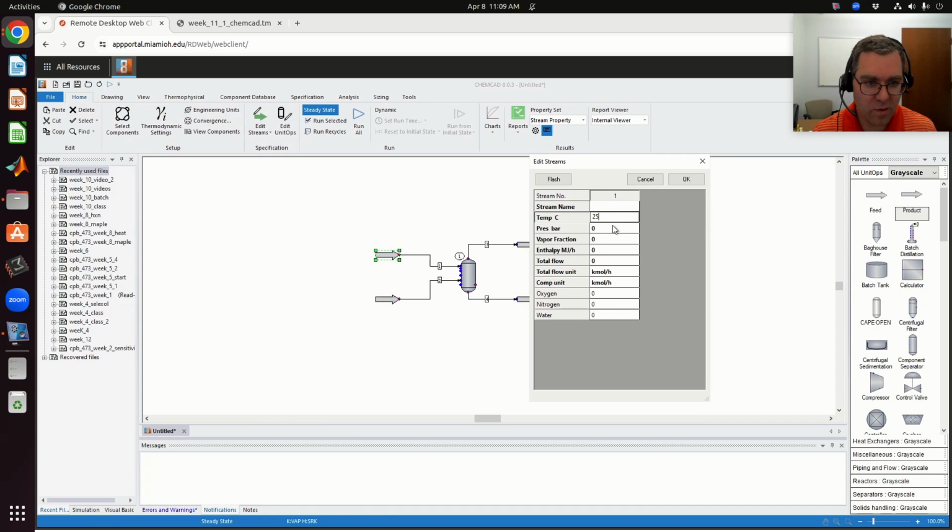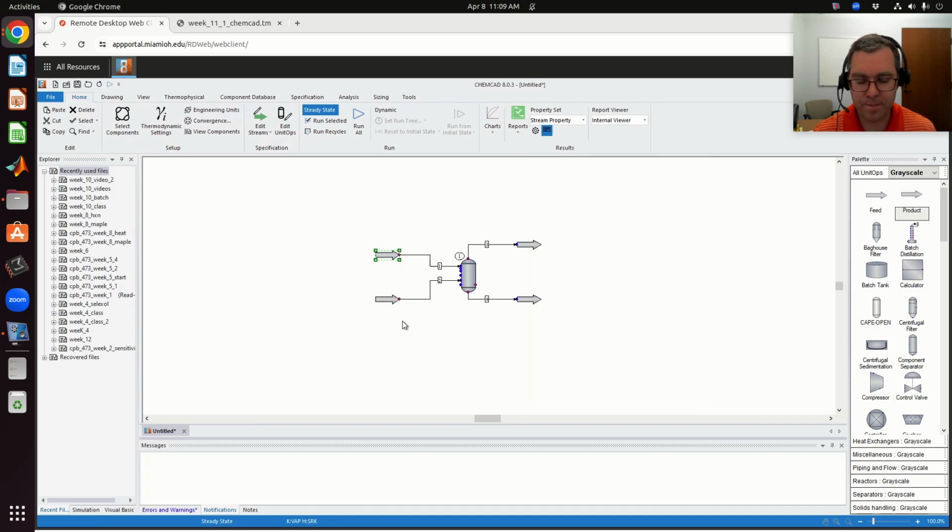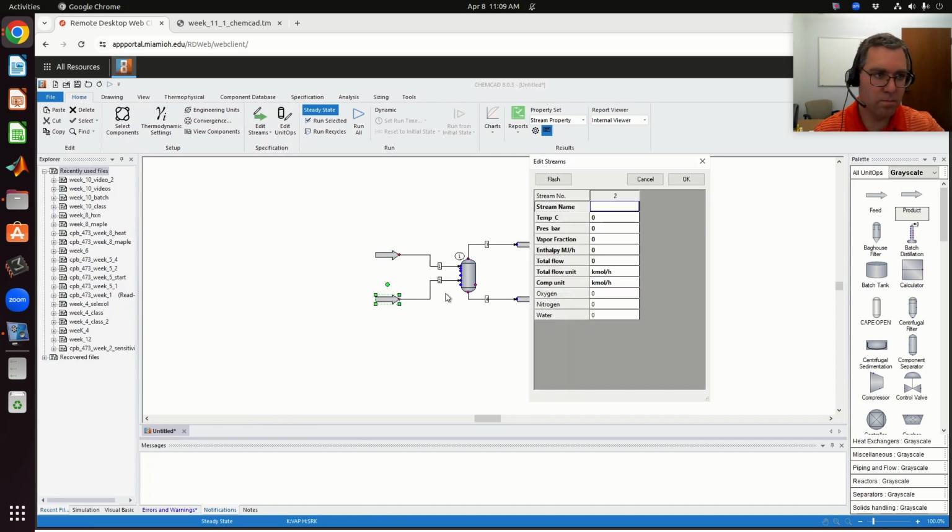Let's make this water: 100 kilomoles per hour of pure water, and I'll bubble air through that, just so I'm thinking in terms of an absorption column. 25 degrees C and 10 bar.